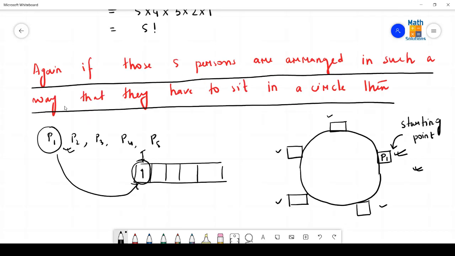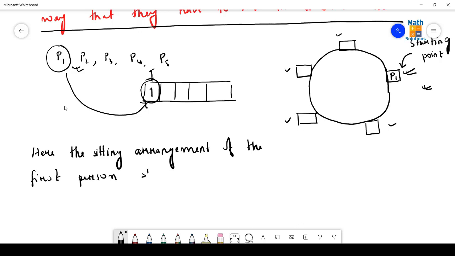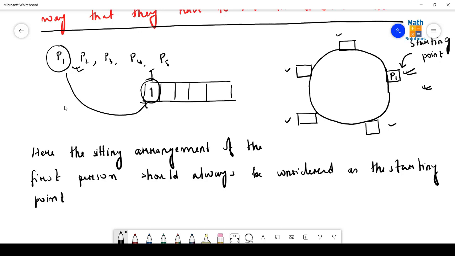So we can write here that the sitting arrangement of the first person should always be considered as the starting point and his or her position should always be fixed.